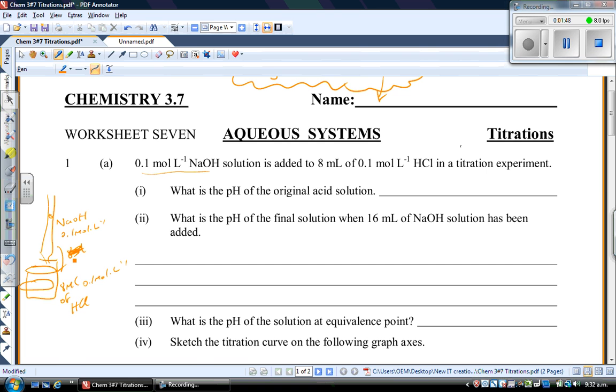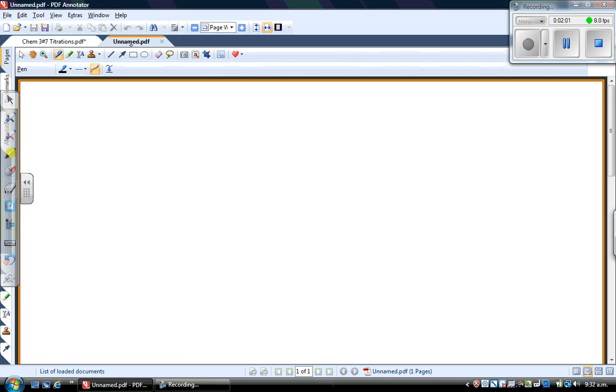So the first question is, what is the pH of the original acid solution? So the pH of this solution here before any base was added. I'll just write down the chemistry for what's happening. You have your 8 mL of acid, HCl, and there's no sodium hydroxide present yet. So what you have in that solution is simply the full dissociation of the strong acid to give you hydronium ions plus chloride ions.